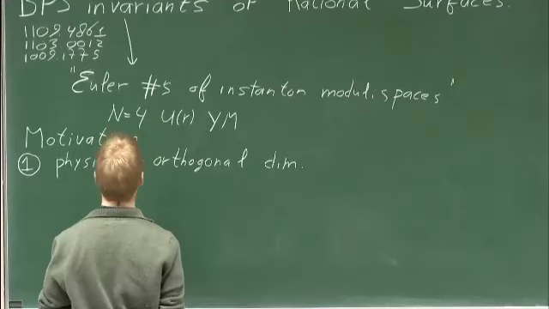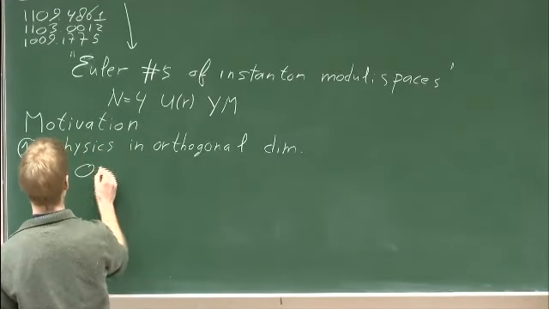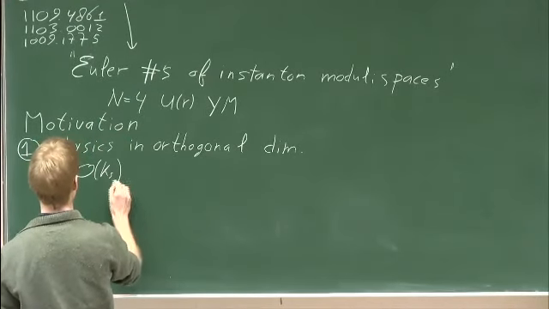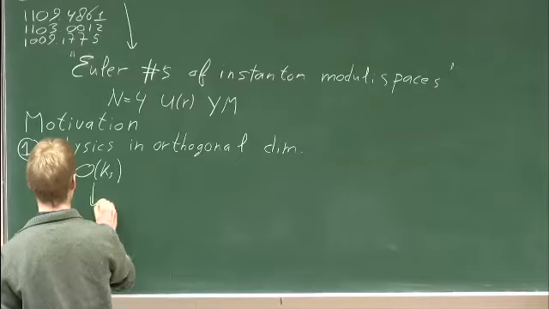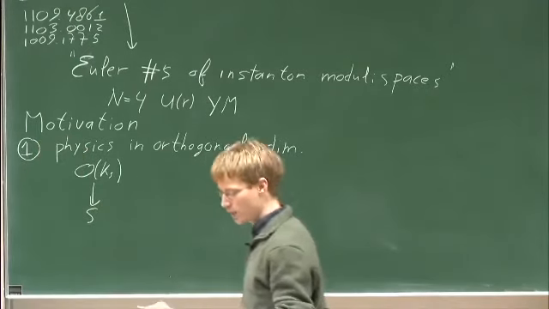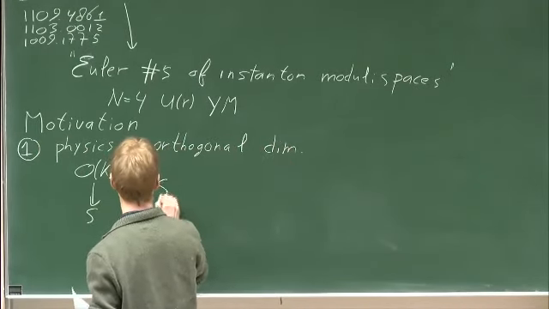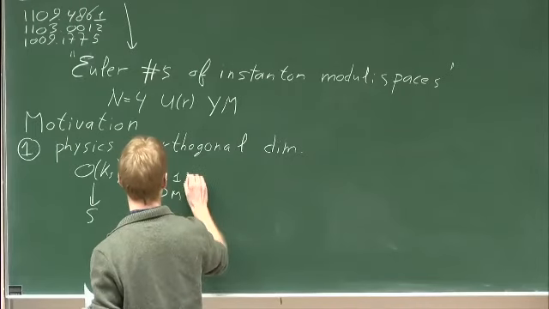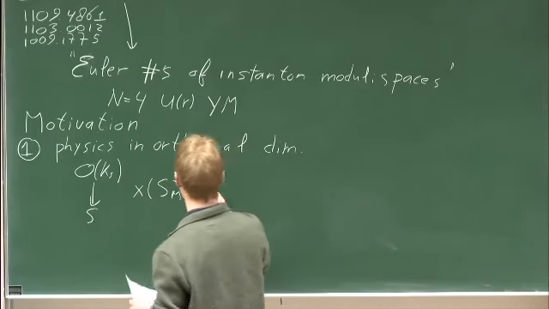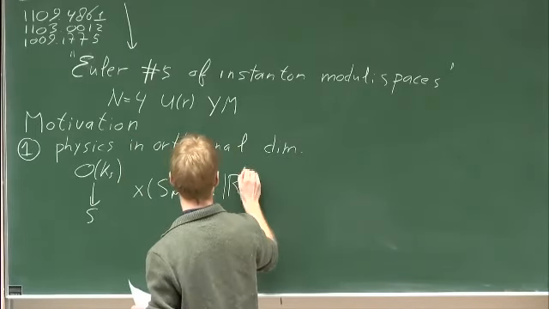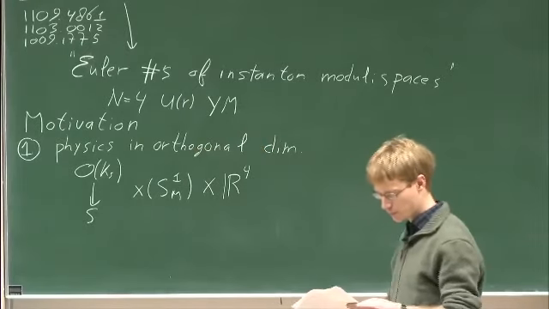To this end we take the canonical bundle of the rational surface over the surface, and if we want to do M theory, there will be an M theory circle, and then there is the space-time of four dimensions.